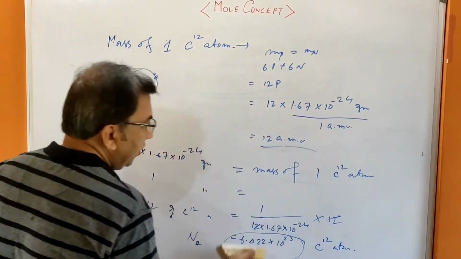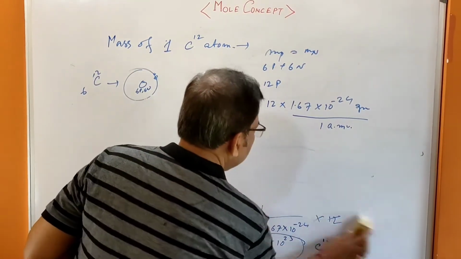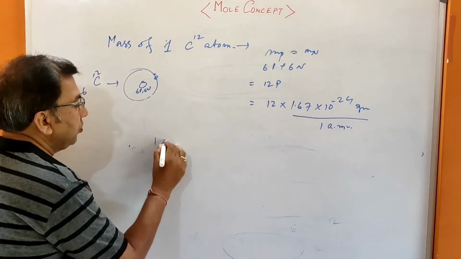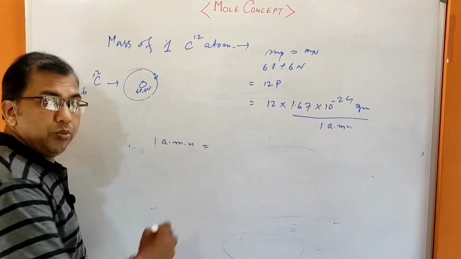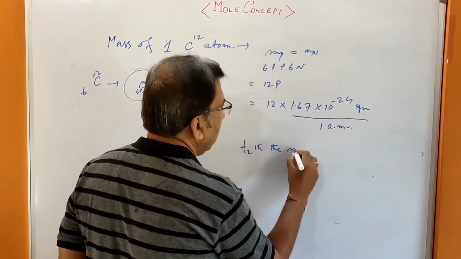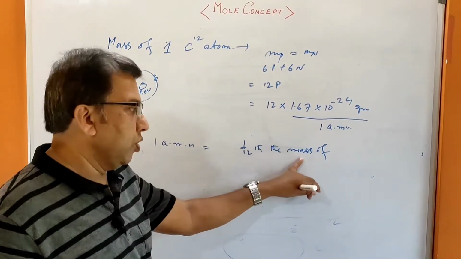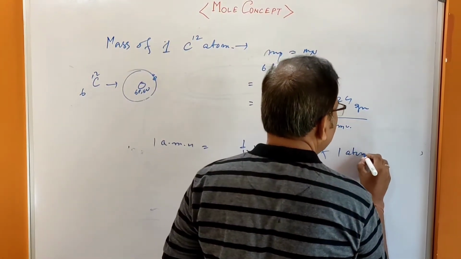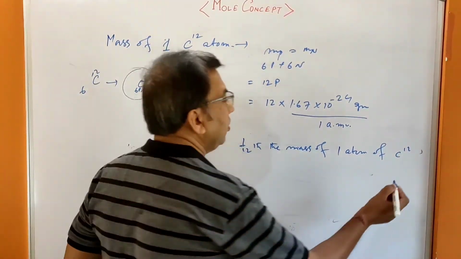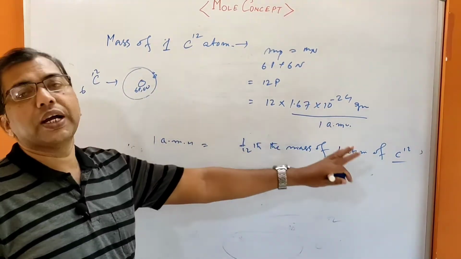I am again telling you, I have written here, this is 1 amu: 1/12 the mass of one atom of carbon-12.